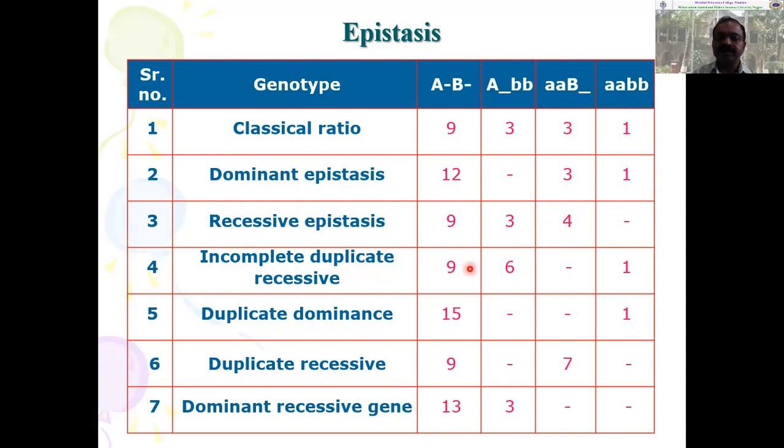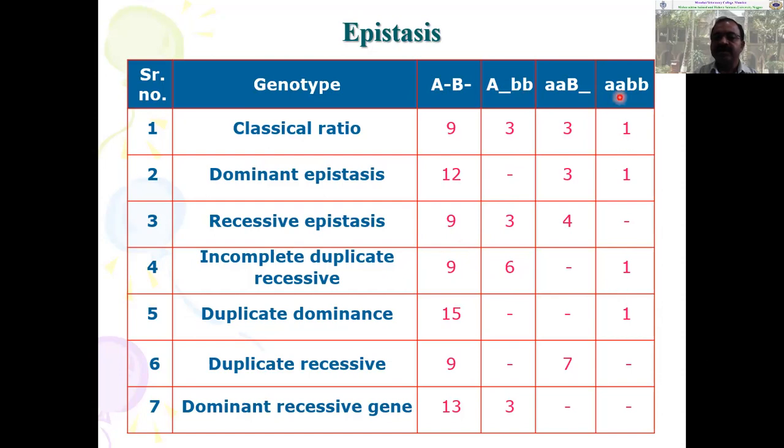So there is an incomplete duplicate recessive gene interaction. It is similar to duplicate recessive epistasis, where out of 16 combinations, for 15 combinations, whenever either one allele, that is small a or small b, is in homozygous recessive condition, it will mask the expression of its non-allelic pair.